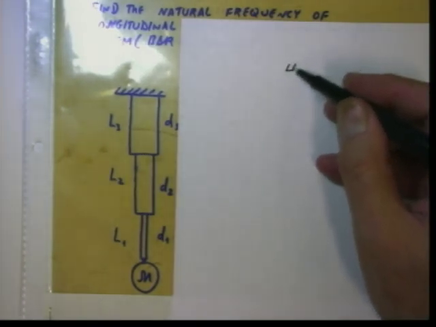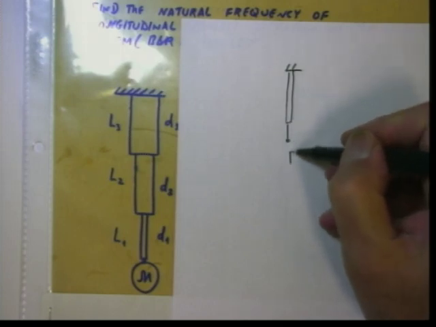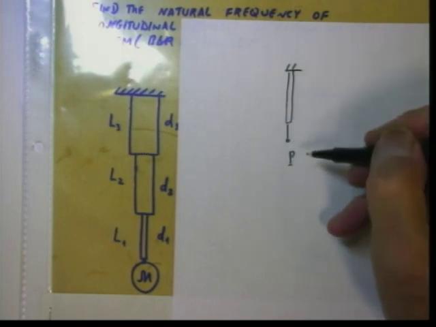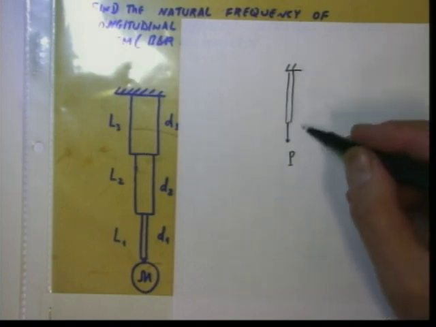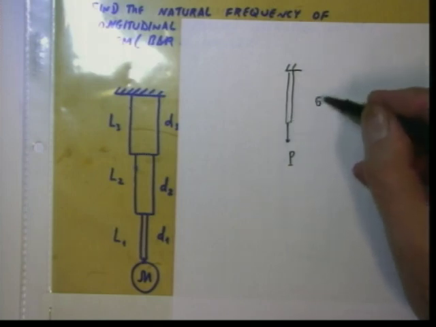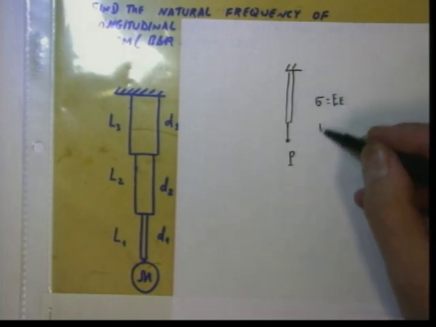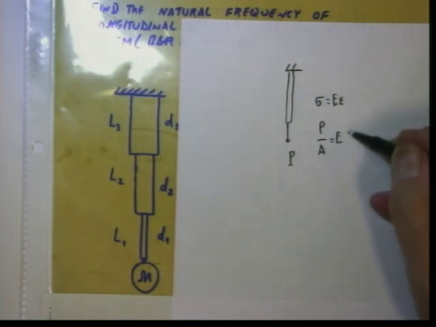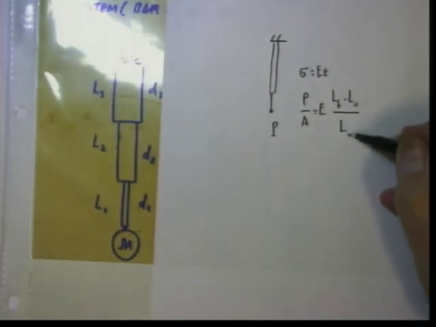So imagine I have this bar, and I have this load P. Then we said that sigma equals E times epsilon. Sigma equals P divided by A. This equals E times L final minus L original divided by L original.